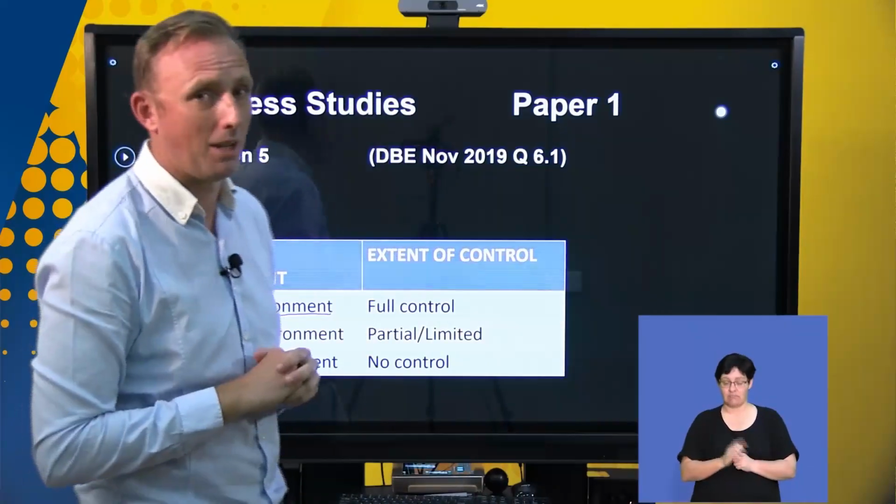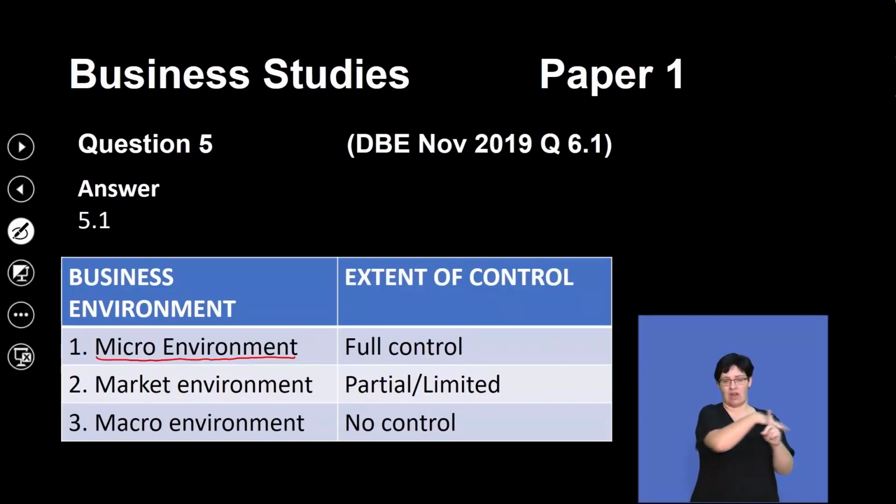The question was asking us, tell us about the 3 different business environments that we have and state the control of each environment. So the first environment, as I mentioned, is the microenvironment. Now, every business is the microenvironment.